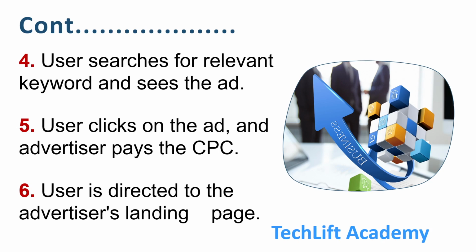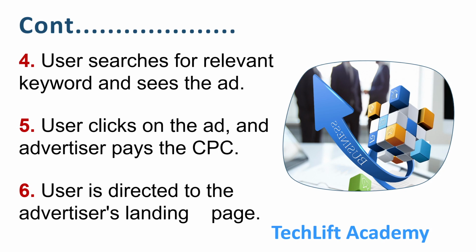Maybe you're running a Microsoft Excel class that you want people to come and attend. When you are making content for your ad, you put Microsoft Excel among your relevant keywords. So when you as a user come to search for Microsoft Excel, you will see that ad.